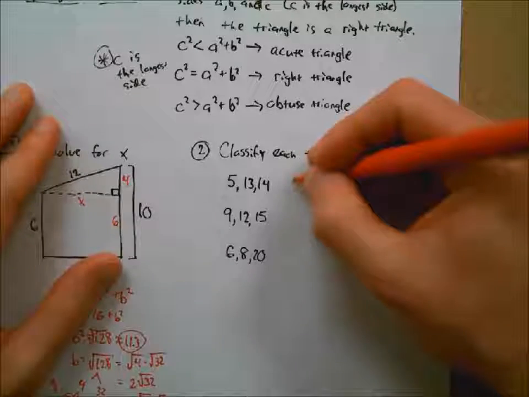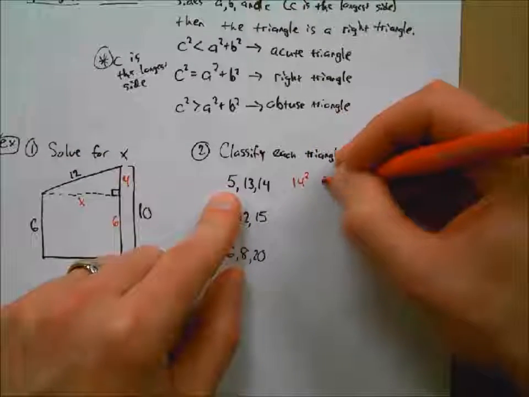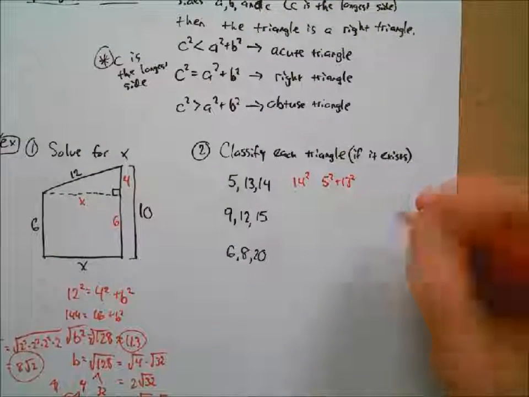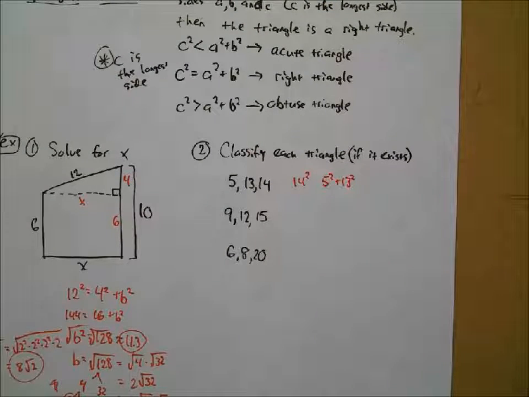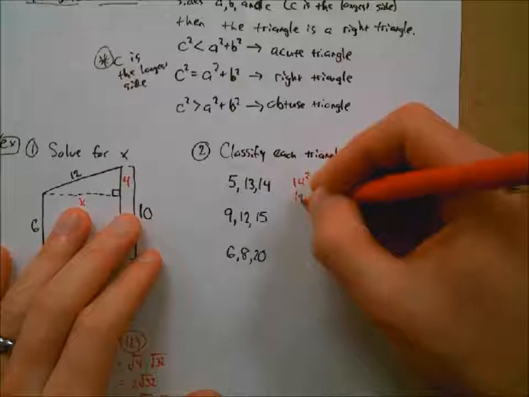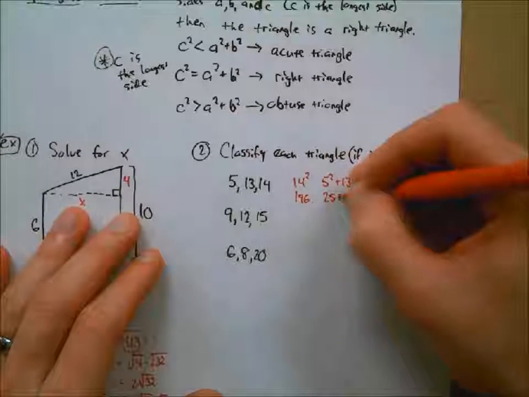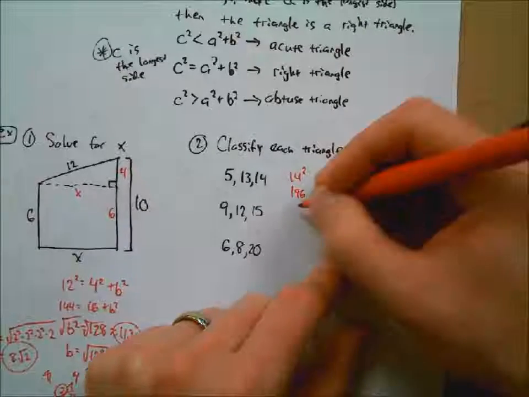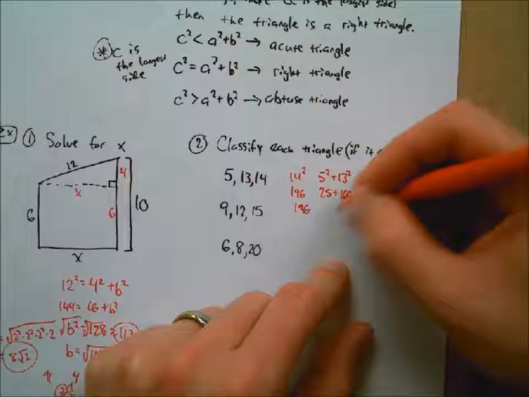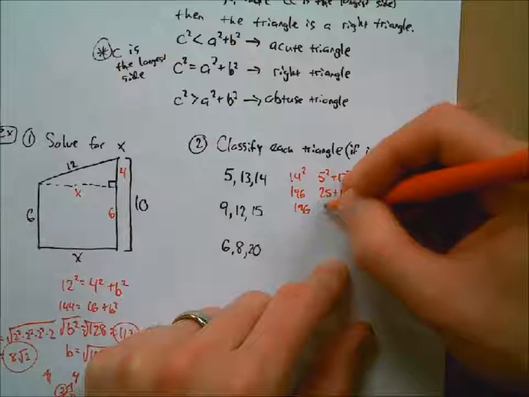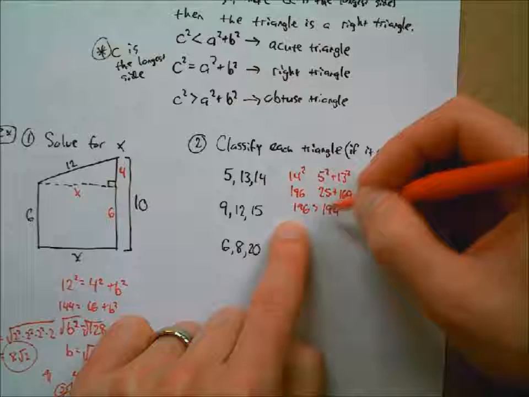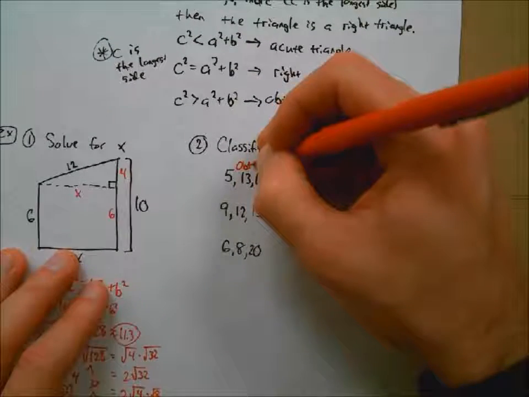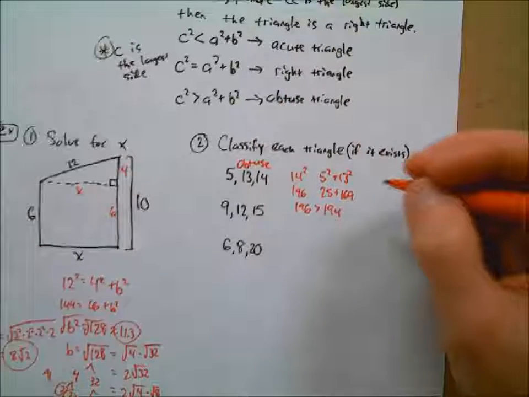So let's say 14 squared, 5 squared, 13 squared. 14 squared is 196. 5 squared is 25. 13 squared is 169. 25 plus 169 is 194. The c squared is ever so slightly bigger than the a squared plus b squared, so this is in fact an obtuse scalene triangle.